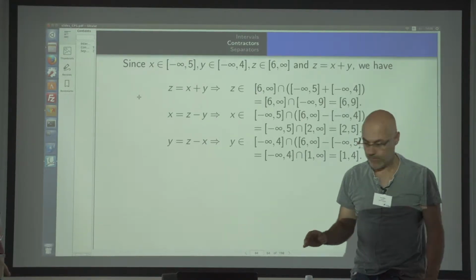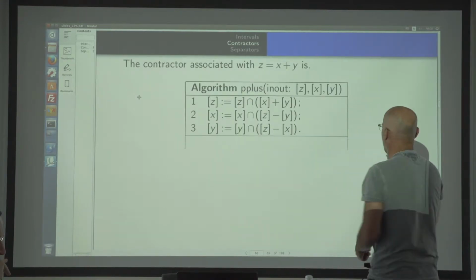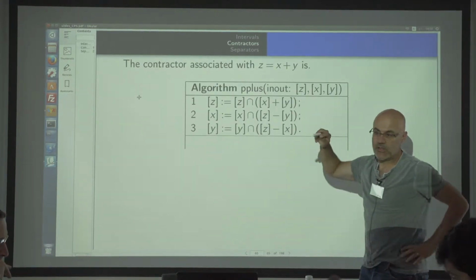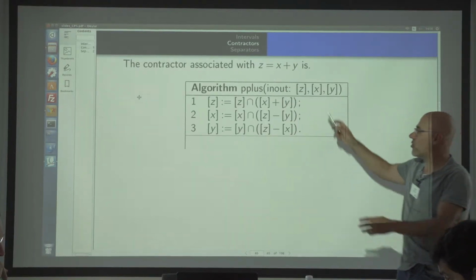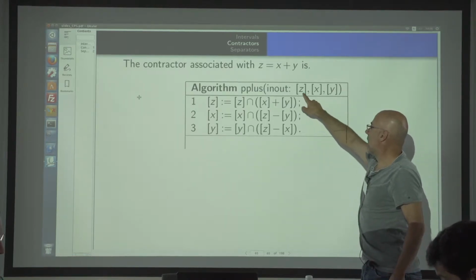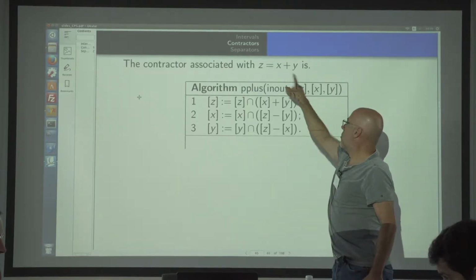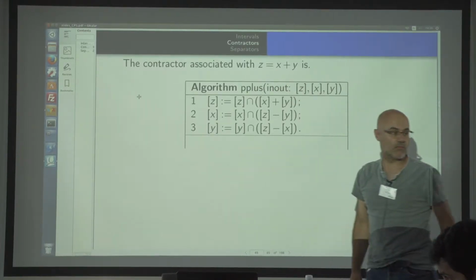It's important. So, in fact, an equation for us will be transformed into a contractor, and a contractor corresponds to an algorithm. As an input and an output, I have all intervals corresponding to variables that are involved in the equation.